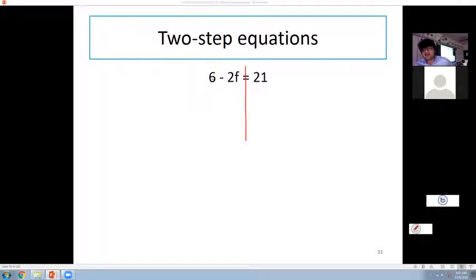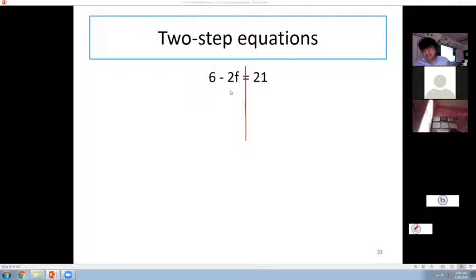But 6 is also a friend of f, but it is not that close. It is farther than negative 2. So 6 is far, but negative 2 is so close. Not to make f so sad, we should separate 6 first, right? Because it is not that close a friend.